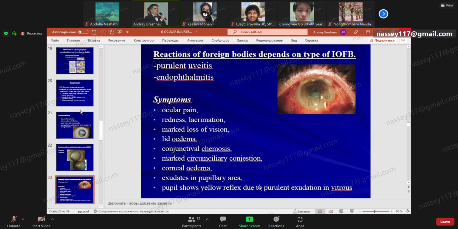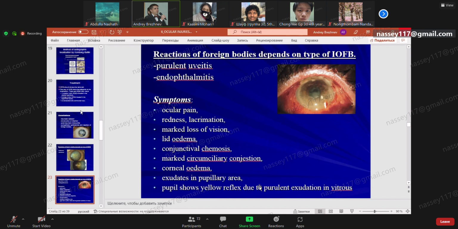It may occur rarely through the bloodstream from some infected focus in the body, such as carious teeth, generalized septicemia, and so on. Causative organisms are Staphylococcus, Pseudomonas, Escherichia coli, Pneumococcus, and Streptococcus. These are common microorganisms.